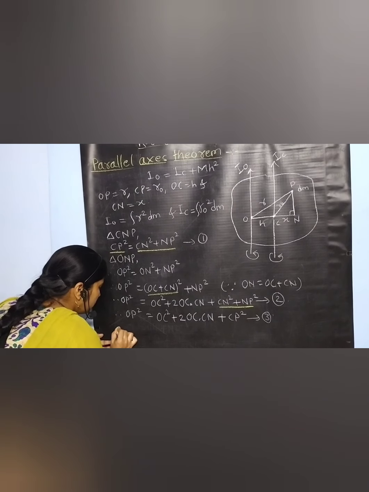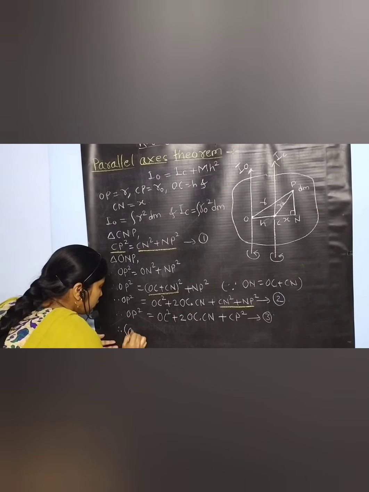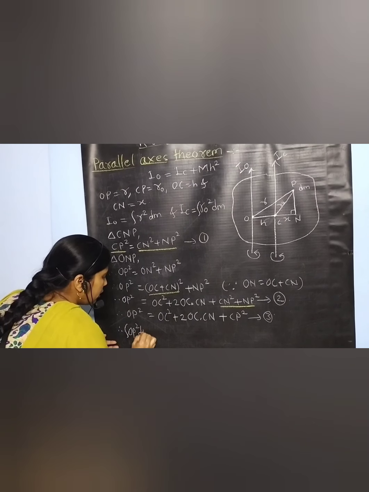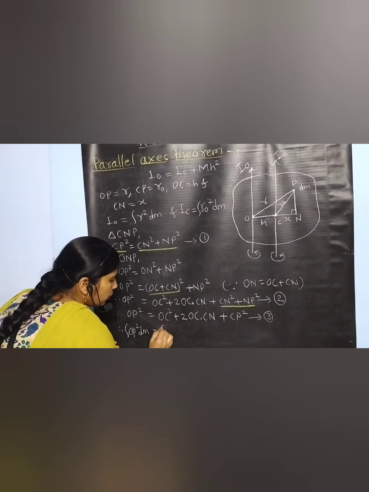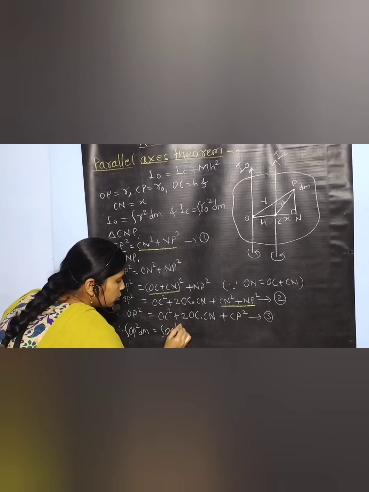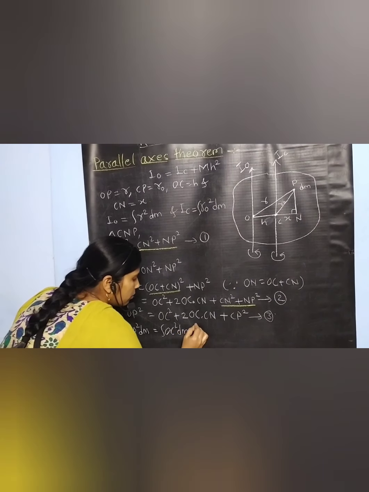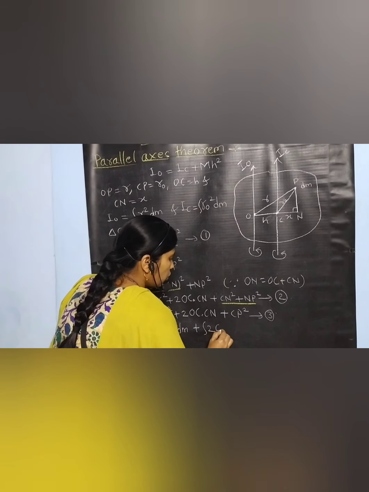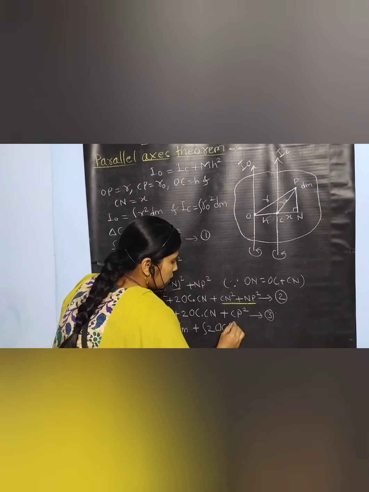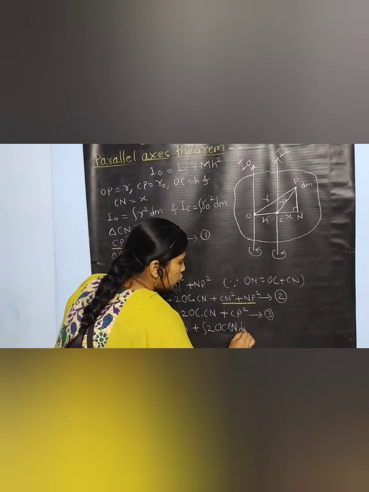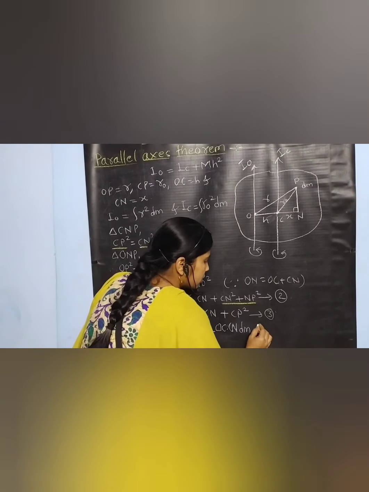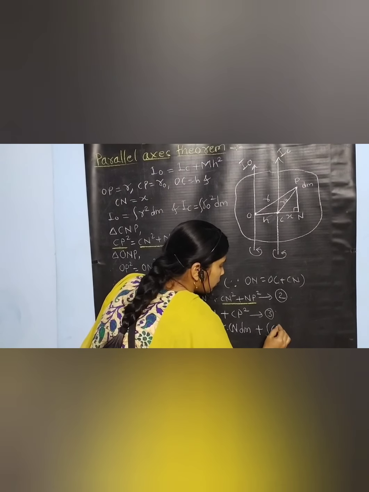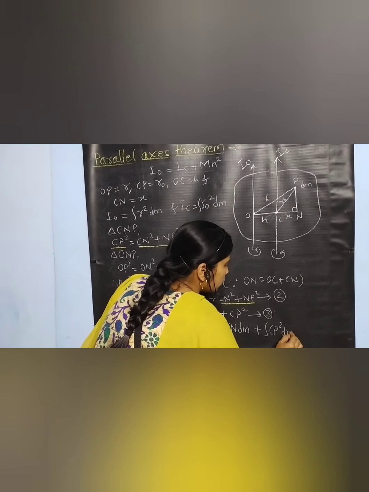We are getting here integration of OP square dm is equal to integration of OC square dm plus integration of 2 OC into CN into dm plus integration of CP square dm.